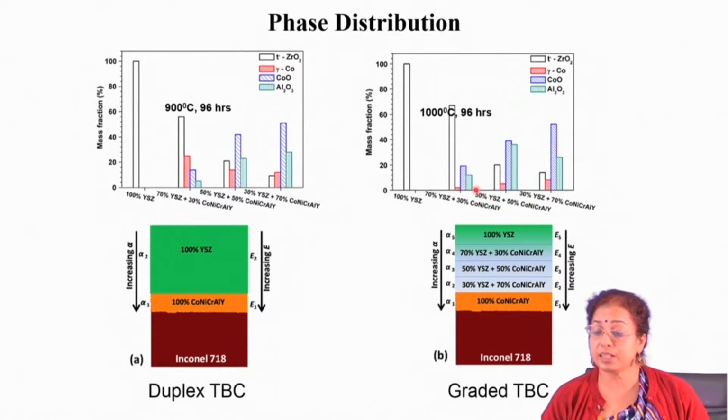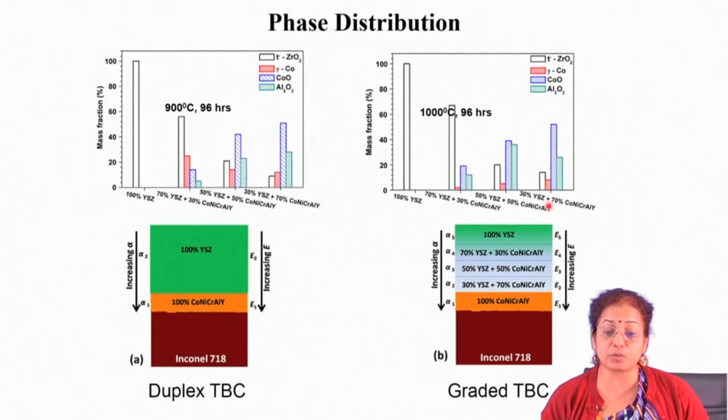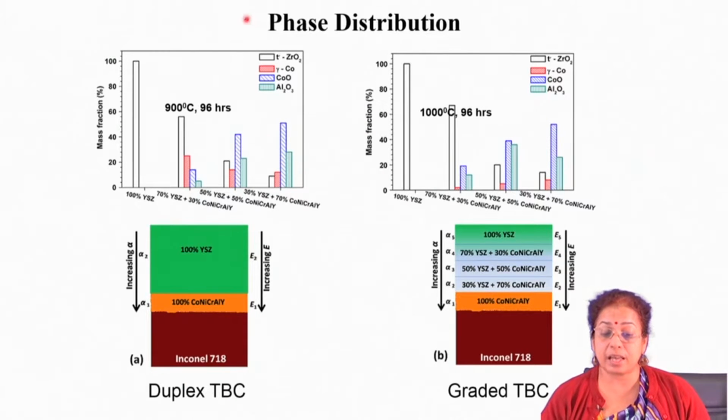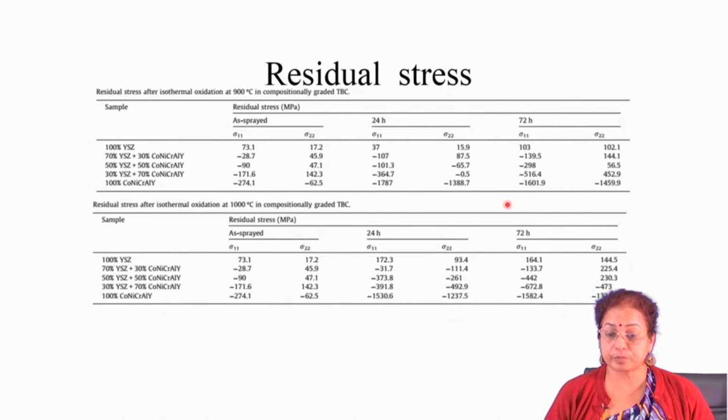Similarly, in the graded coating, you will find that in different layers different phases are forming, and this phase distribution is very much dependent on the composition of each layer. But you will find that alumina is forming to a large extent in different layers, which basically acts as a barrier to high temperature oxidation.